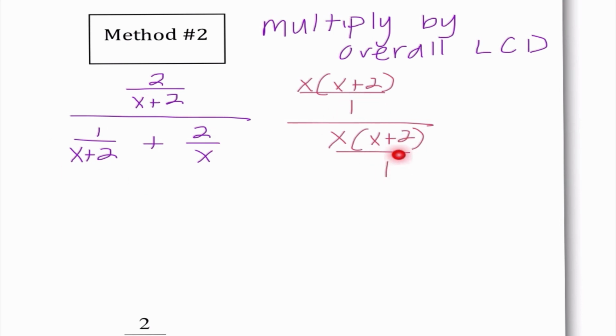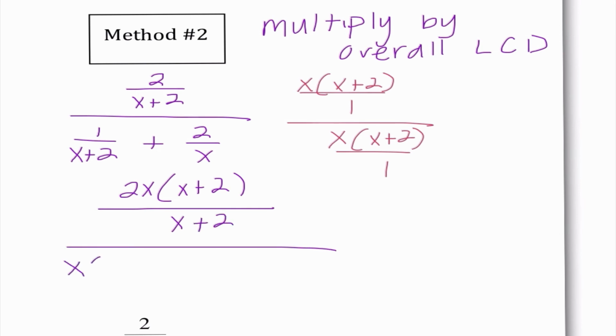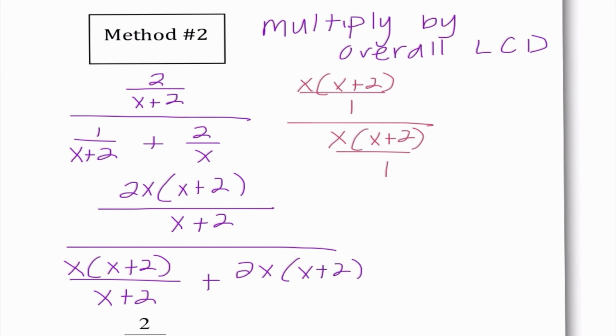I wrote over 1 just so I remember that I'm multiplying this by the numerator. So I get 2x times x plus 2 over x plus 2 over x times x plus 2 over x plus 2 plus 2 times x plus 2 over x.